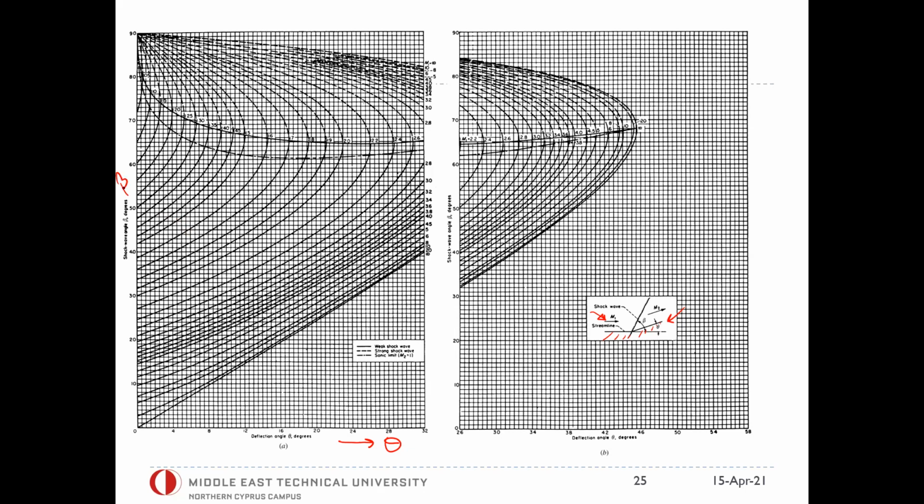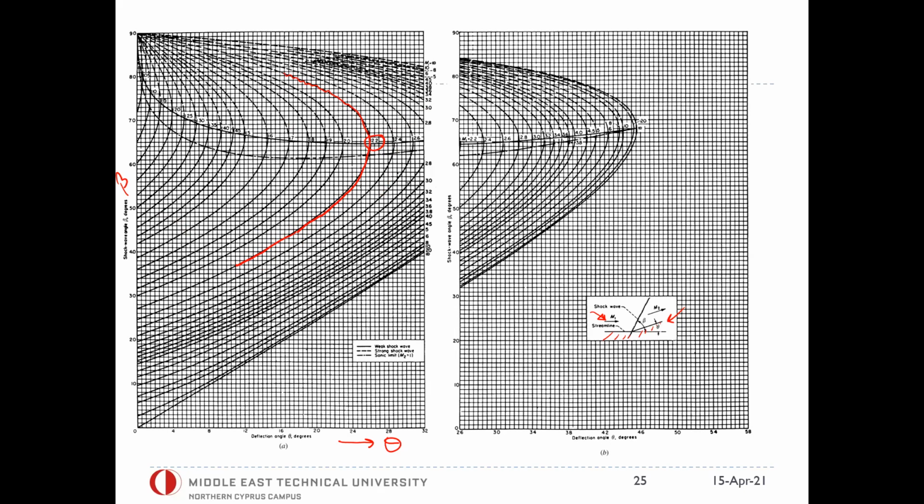And each of these curves, if I can try to trace one of them, for example this one here, is a constant Mach number curve. So along the line that I'm drawing right now, the Mach number is constant, and its value is written here. I will show a bigger version of this.